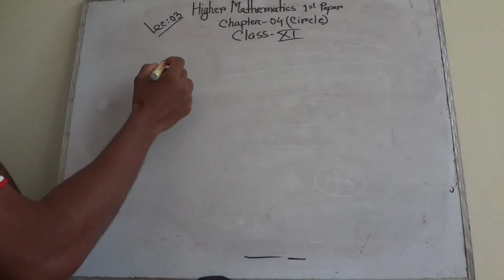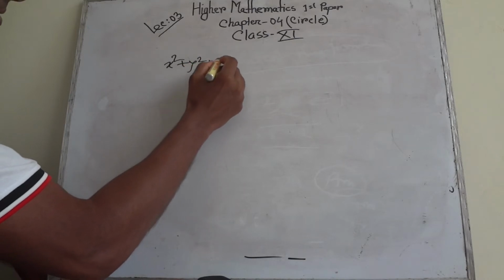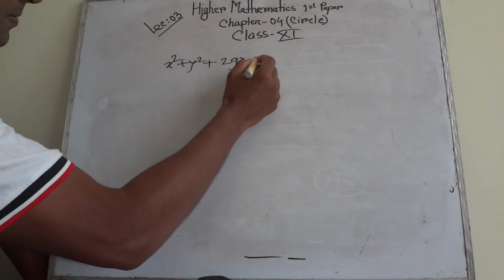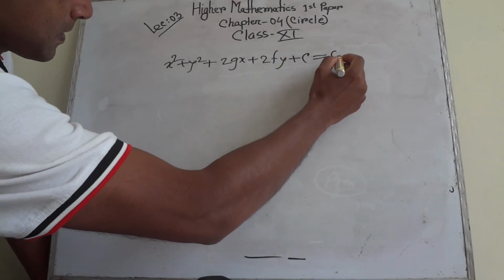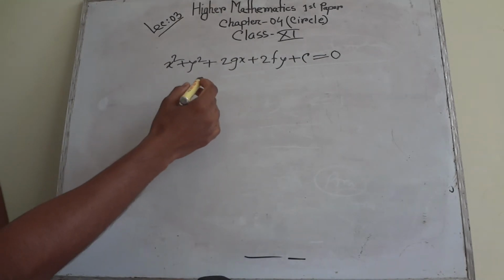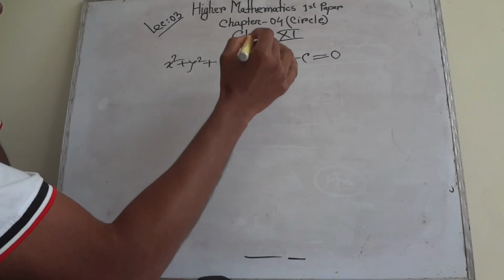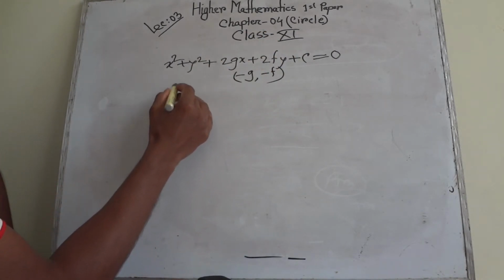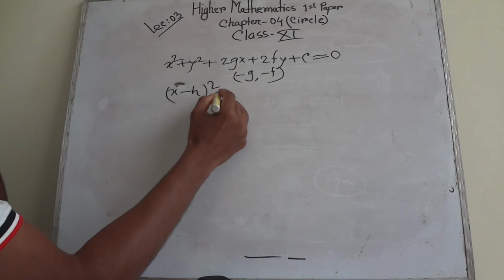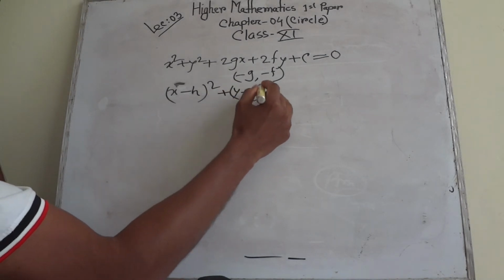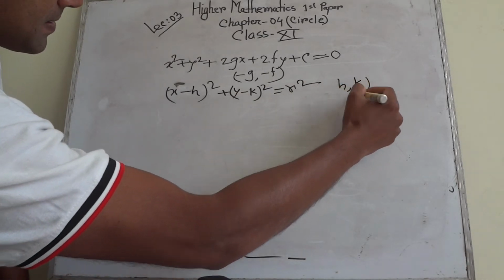Now follow the board, everyone. x square plus y square plus 2gx plus 2fy plus c equals 0. This is the general equation of a circle whose center is (minus g, minus f), and also (x minus h) whole square plus (y minus k) whole square equals r square, whose center is (h, k).